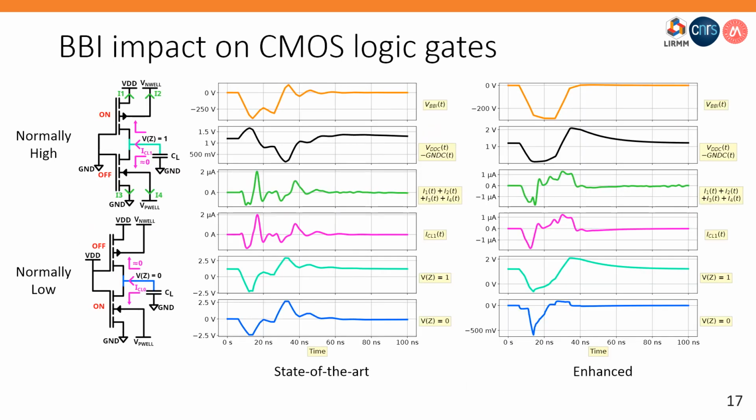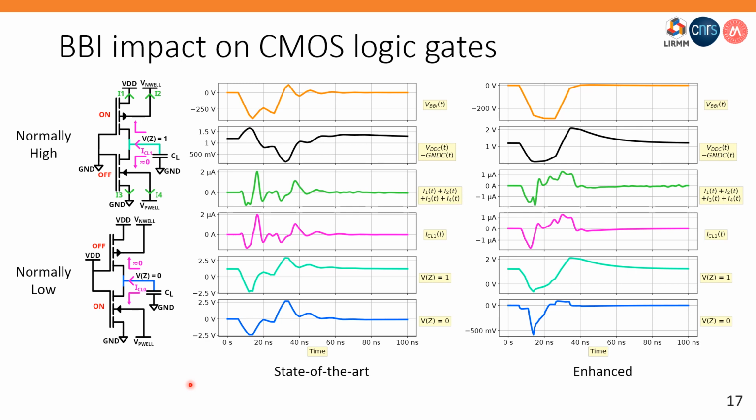Here are the simulation results of such simulations. As before, we compare the state-of-the-art platform on the left and the enhanced platform on the right, and the colors correspond to the signals depicted on the left schematic of the inverters.